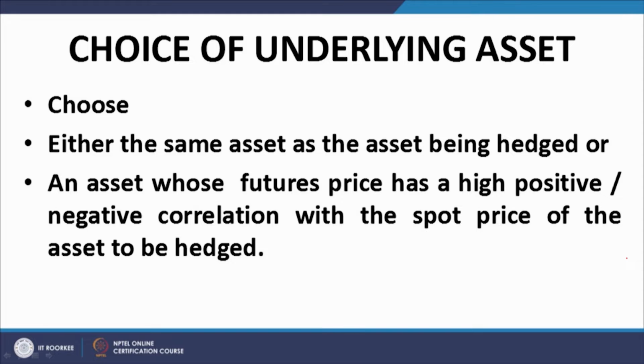However, in the event that futures on the exposed assets are not available, then we need to take a futures contract on a different asset, and that could of course cause imperfections in the hedge, but we should choose the asset as the underlying asset of which the futures prices bear a strong correlation, either positive or negative, with the spot prices of the exposed assets.